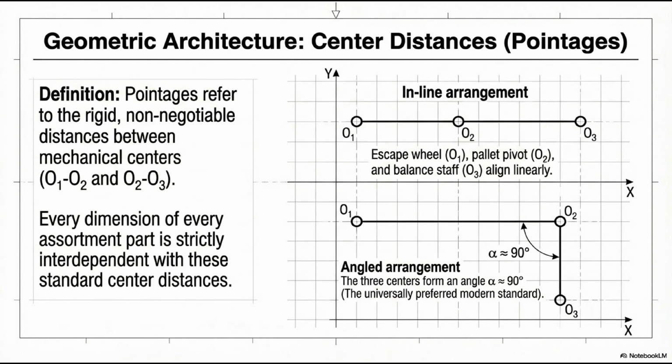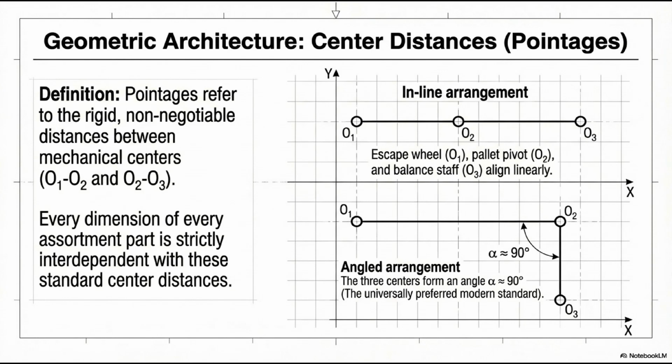Look at the two layout diagrams on this slide. The top shows the inline arrangement, disposition en ligne droite, where O1, O2, and O3 all fall on a single straight line. Geometrically the simplest. Used in some historical pocket watch calibers. The bottom shows the angled arrangement, disposition angulaire, where the three centers form an angle alpha at the fork pivot, typically around 90 degrees.